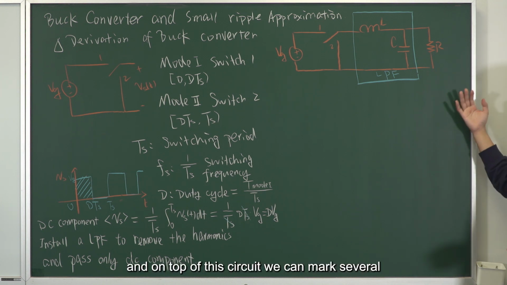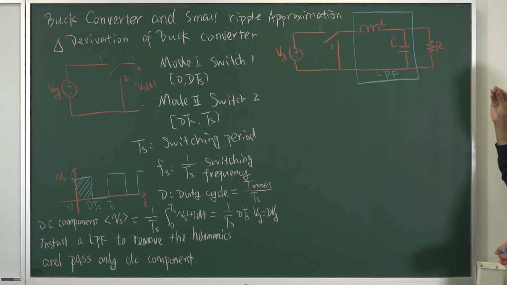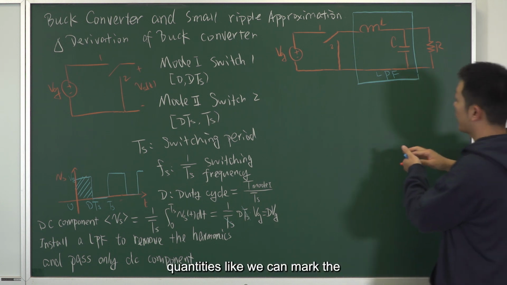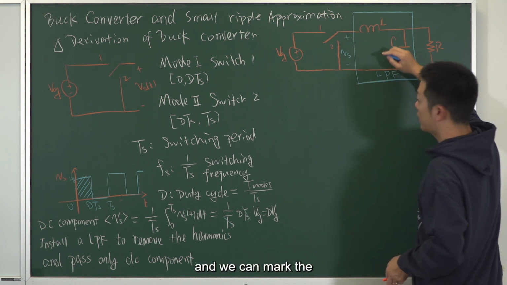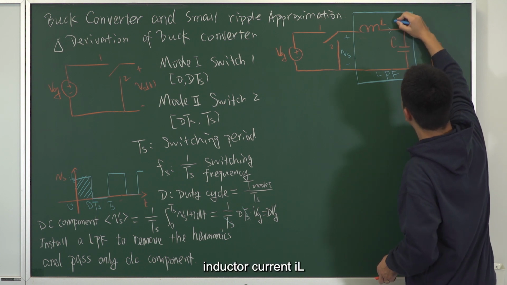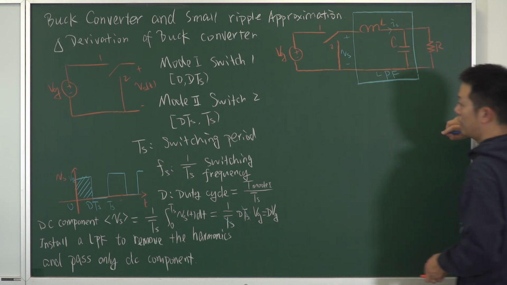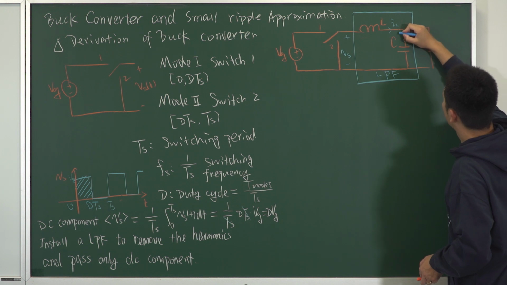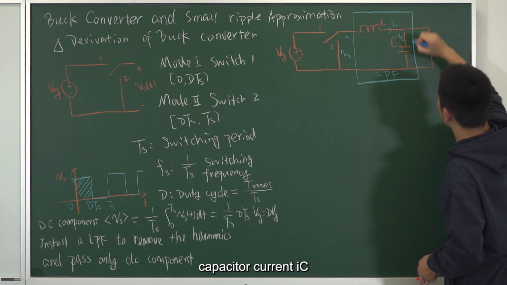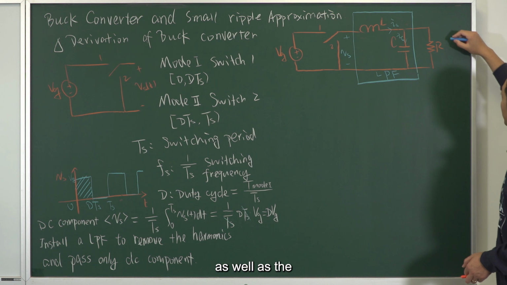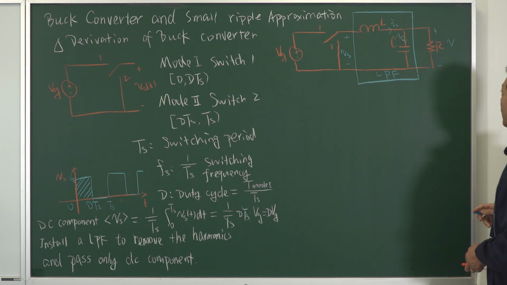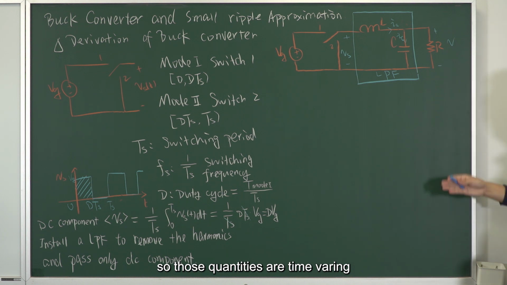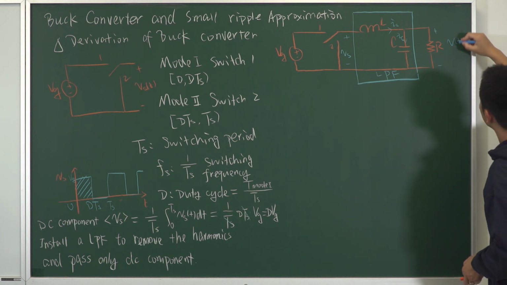And on top of this circuit, we can mark several quantities, like Vs, the inductor current IL, the capacitor current IC, as well as the output voltage V. So those quantities are time varying, right? So v(t).